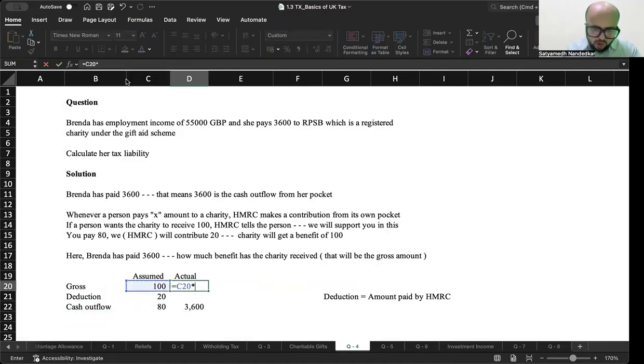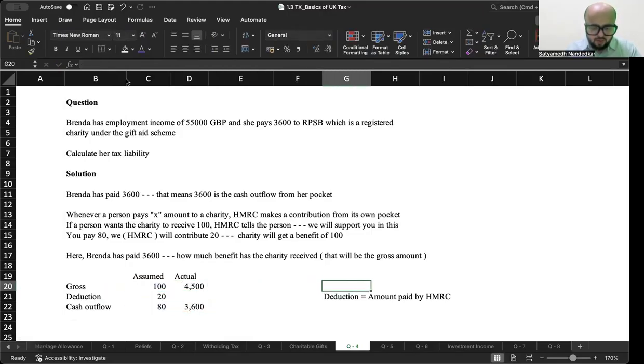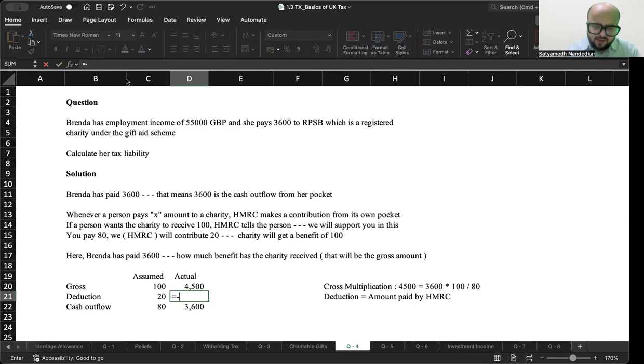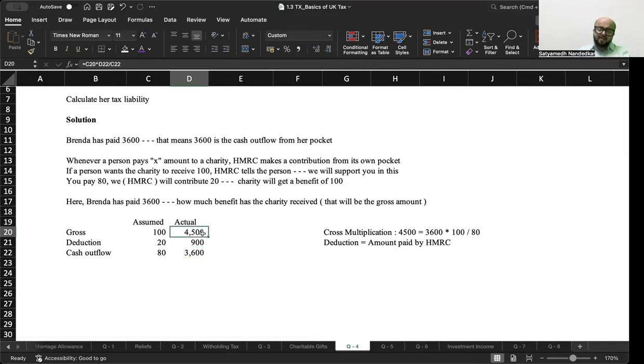So what is the gross amount? The gross amount is 4500, which is cross multiplication. 4500 is 3600 into 100 by 80. That means the amount paid by HMRC is 900.